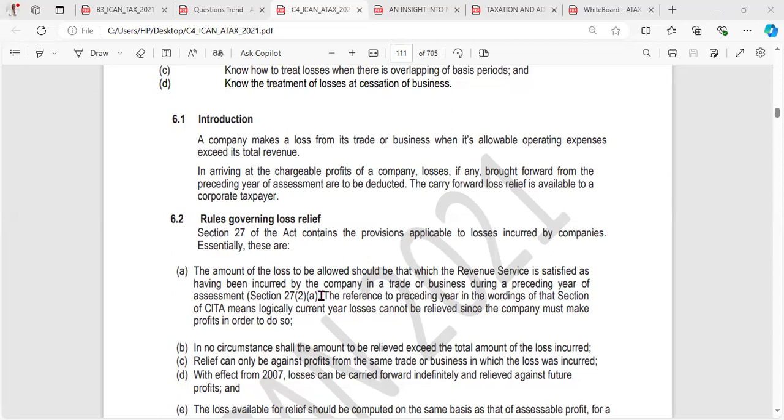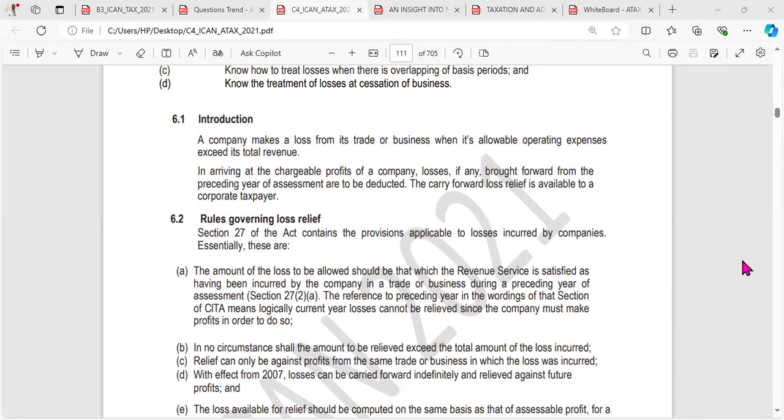In arriving at the chargeable profit of a company, what is done is that losses from preceding year of assessment are brought forward to be deducted from the assessable profit. So it means that when you have your adjusted profit, which is also called the assessable profit, you will need to bring in loss from the previous year of assessment.